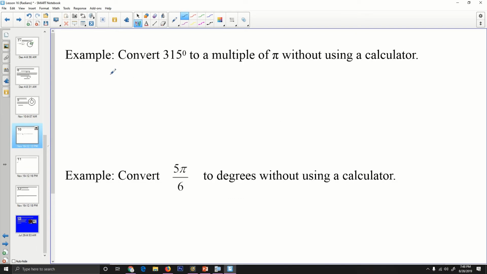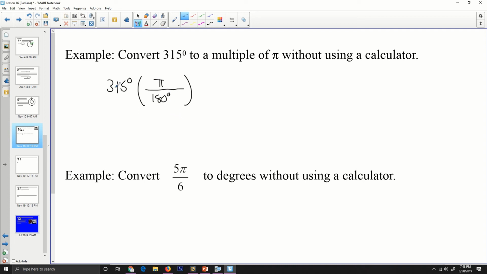Okay. This example, we're going to convert 315 degrees to a multiple of pi without using a calculator. We're going to start with the 315 degrees that we had, and then we'll use the conversion factor for degrees to radians, and we'll say it's pi over 180 degrees, and then we'll do some canceling.